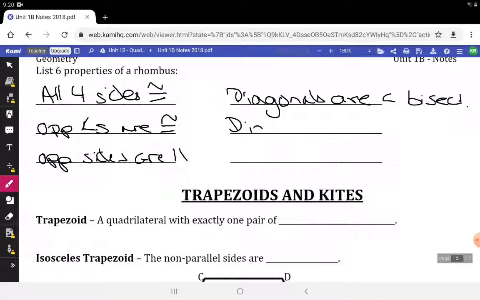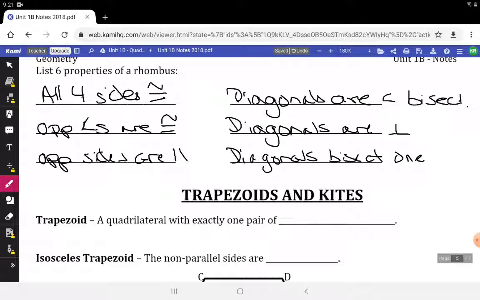We know that diagonals are perpendicular because it's a rhombus. And then we also know that diagonals bisect one another because it's a parallelogram.